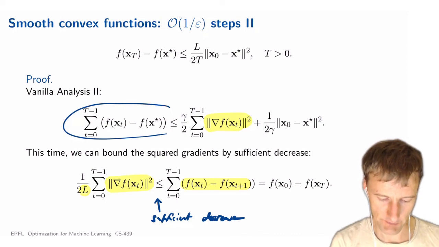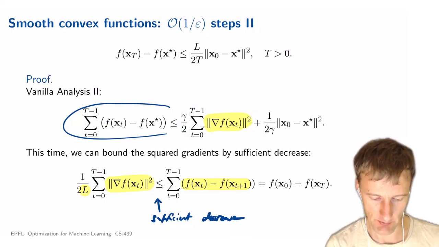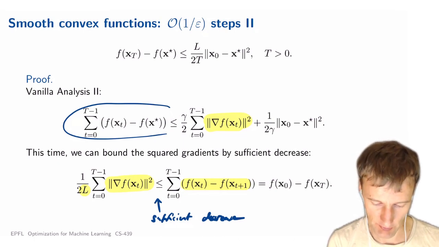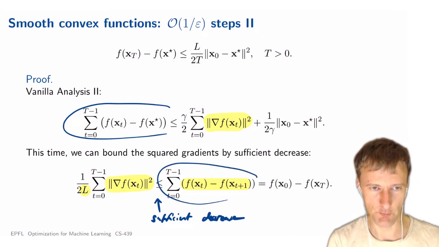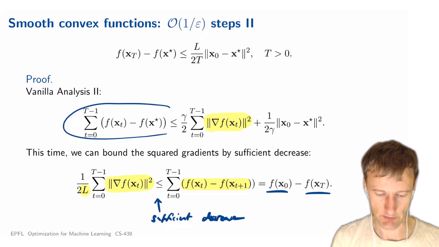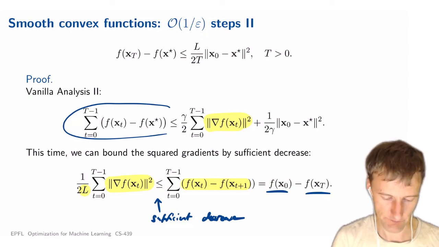So for us, this is all summed up when we talk about the vanilla analysis. And now if you sum up all these improvements, the only thing that remains is the first function value minus the last function value, which looks good.